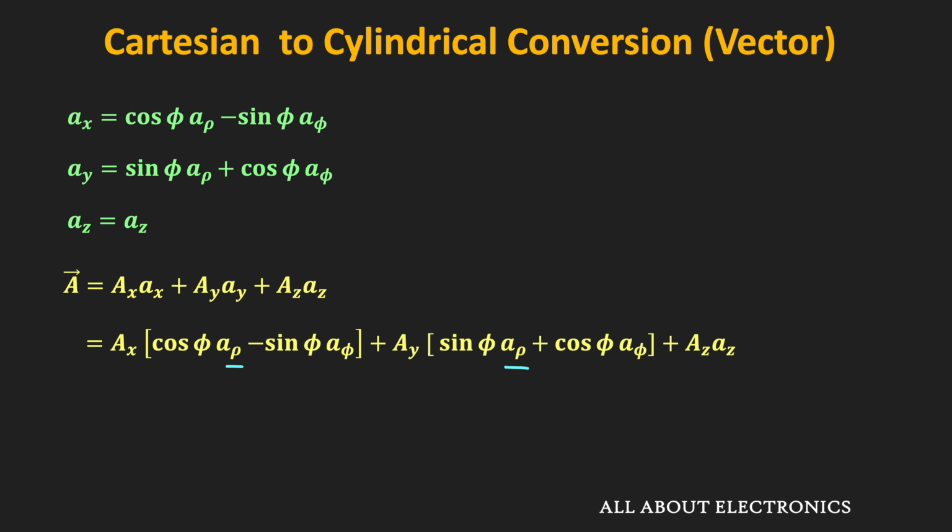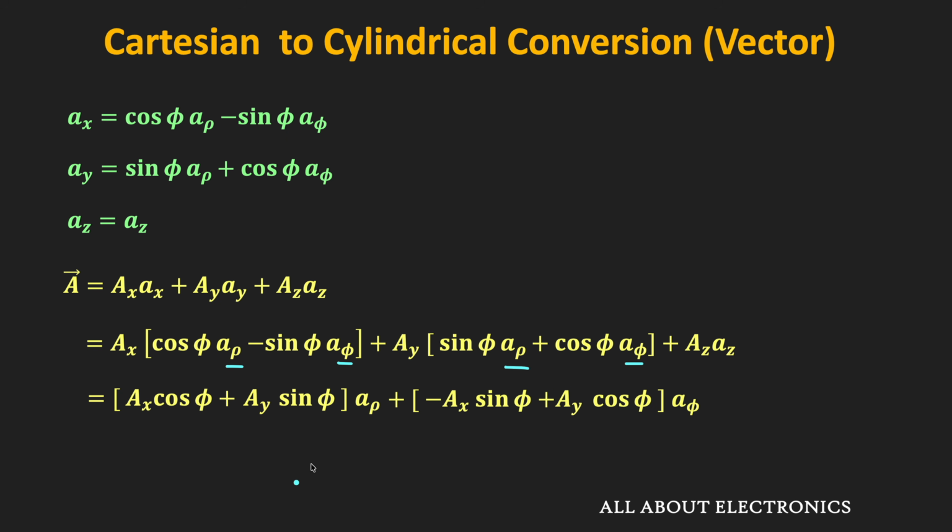So if we combine that, then we will get the term that is ax cos phi plus ay sin phi. Similarly, let us combine the terms related to a phi. So if we combine those terms, then we will get minus ax times sin phi plus ay times cos phi. And likewise, the third term will remain as it is.